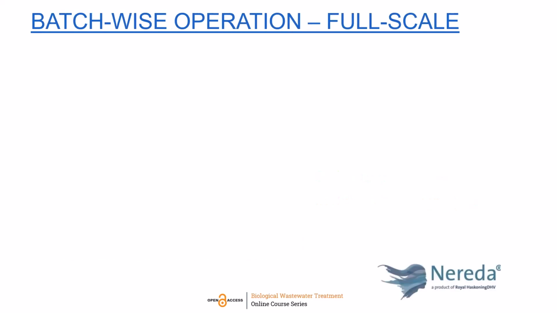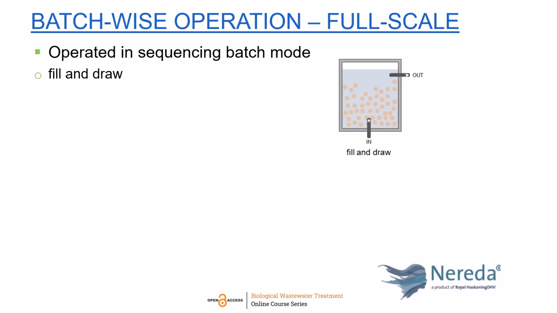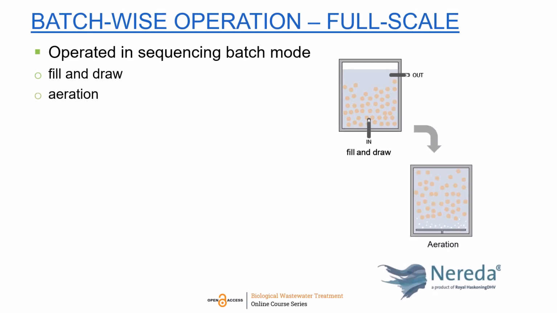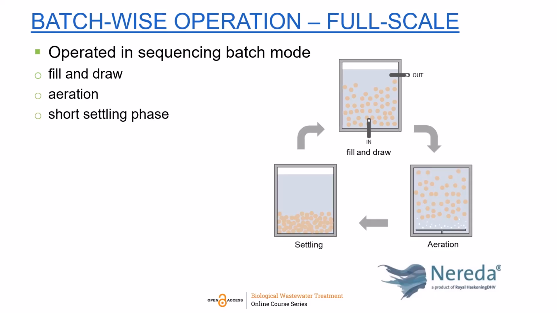Let's now move on to full scale. Full-scale aerobic granular sludge reactors are also operated in sequencing batch mode, with a fill and draw phase, an aeration phase, and a short settling phase.